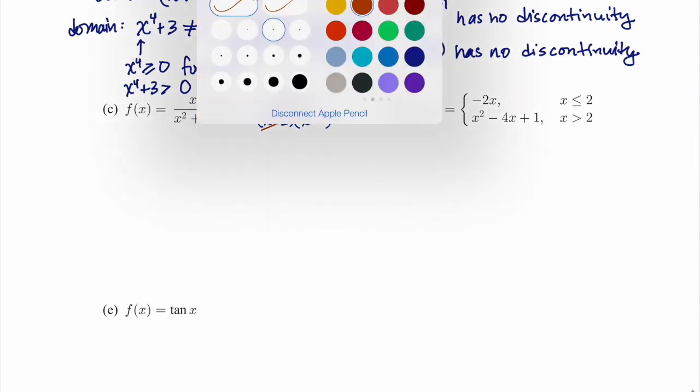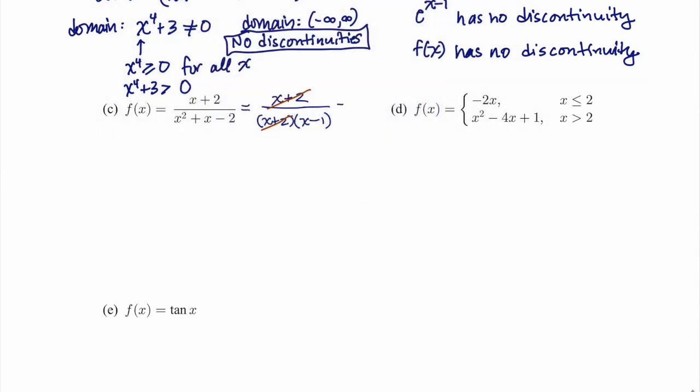And we are thinking, well, this is the same as 1 over x minus 1, except for when x is negative 2, where the numerator and the denominator are both 0. This will have a hole in the graph.